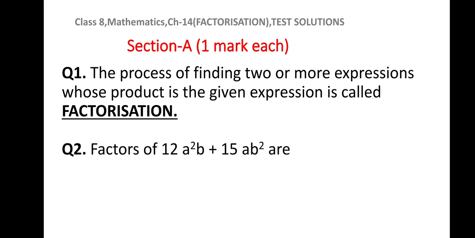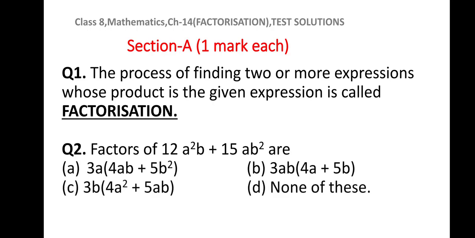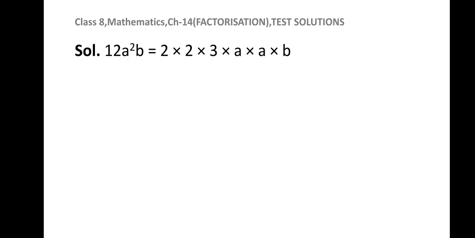We need to find the factors of 12a square b plus 15ab square, and these are the four options. Let us see the solution.